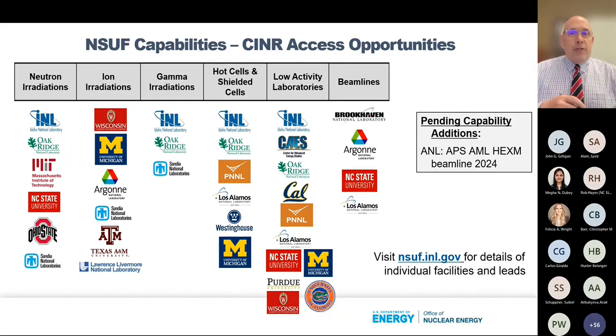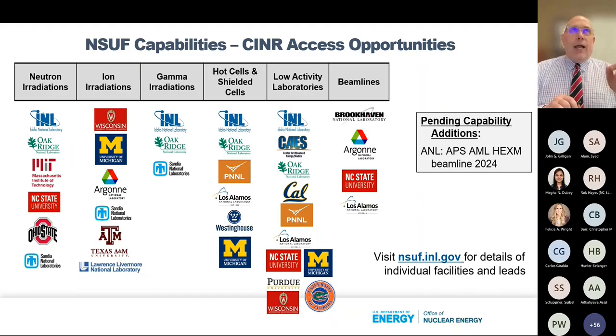But we have everything that you see here, once again, all available on our website in more detail. We're adding partners, I say not constantly, but we're always open to adding partners that would offer our community unique or very hard to access capabilities. And you see in the gray box off to the right, we'll be looking to add the high energy X-ray microscope at the Advanced Photon Source.